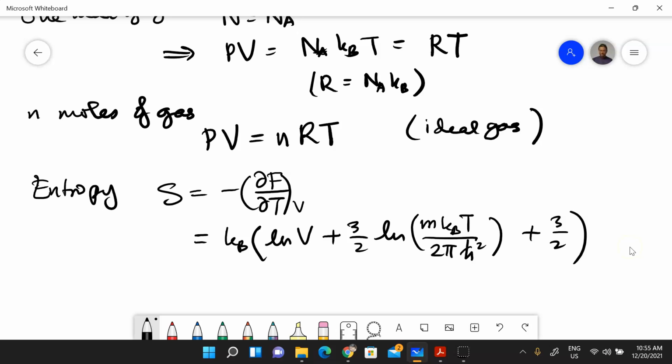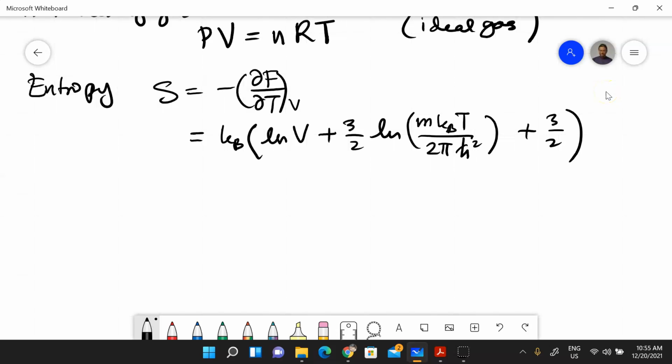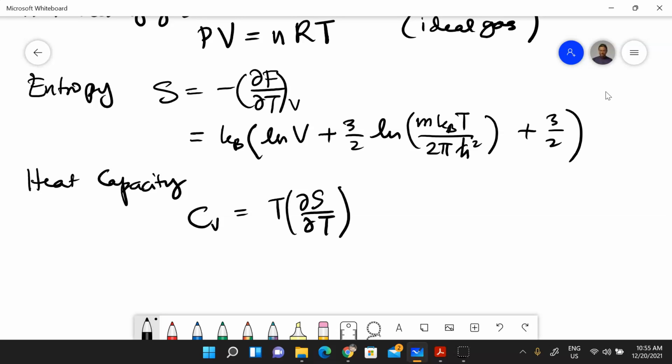So that is the entropy. Finally, from entropy you can also calculate your heat capacity: Cv equals T partial S partial T, and this is 3 kB over 2.